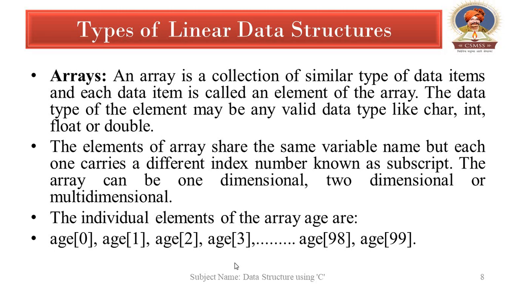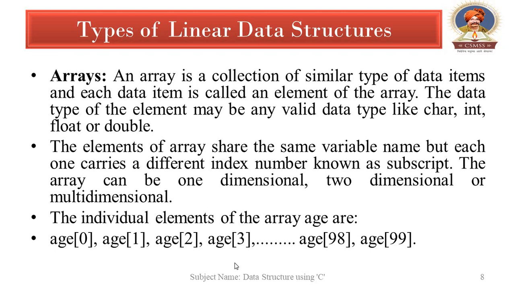The types of linear data structure, the first one is array. So everybody knows the array. An array is a collection of similar type of data items and each data item is called an element of the array. The data type of an element may be character, int, float or double.